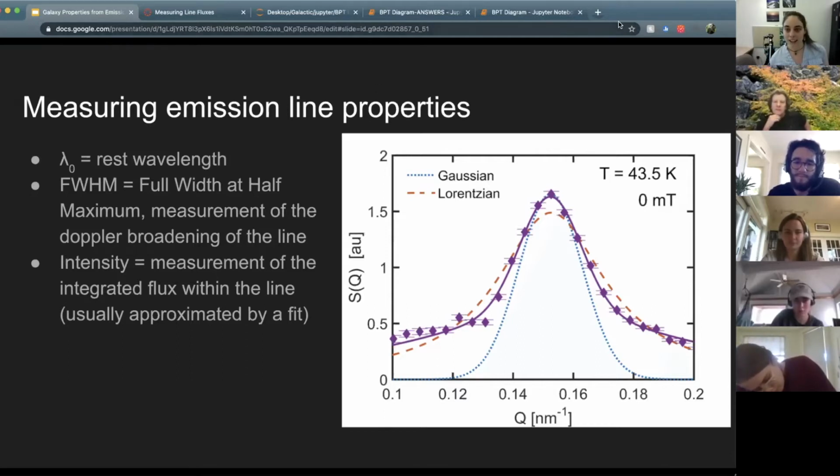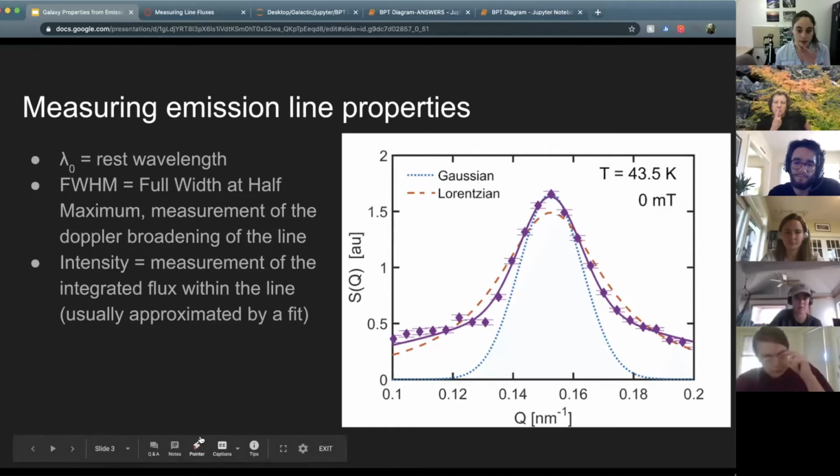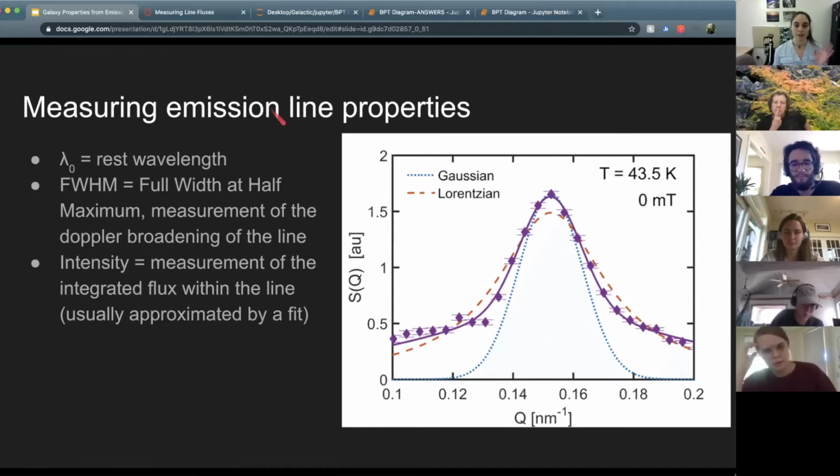With that in mind, let's start thinking about what we're measuring when we actually measure emission lines. I'll get to the values that I have over there in a second, but first I just want to point out that emission lines have a few different parts.